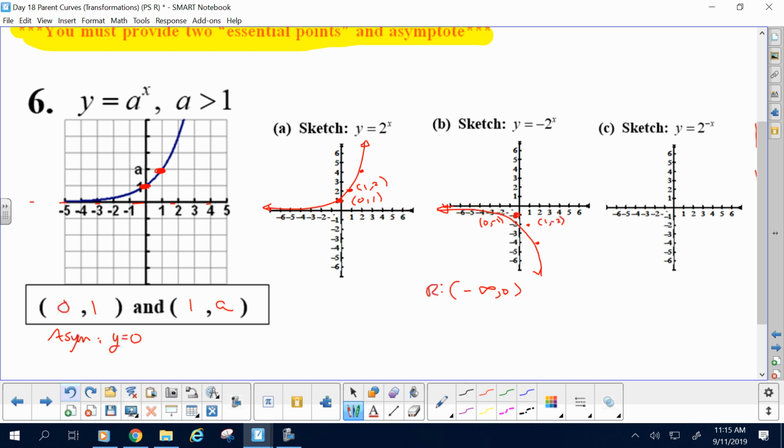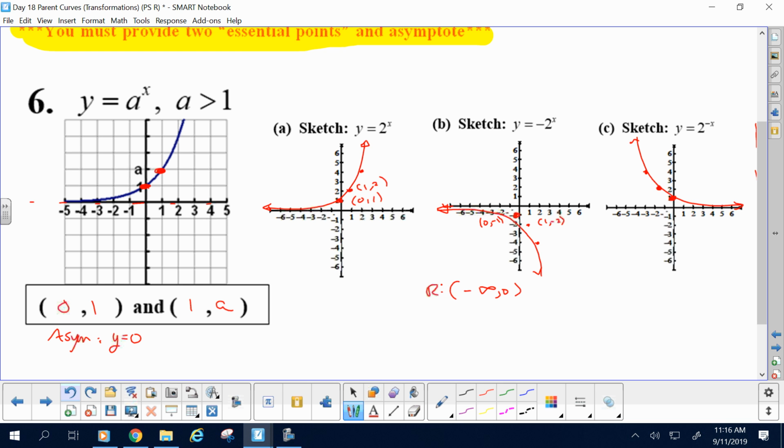Where's across the axis? 0, 1. All right. We say it's reflecting this way, right? So shouldn't there be a point at negative 1, 2? And that makes sense. 2 to the negative 1 is just 2 to the 1. And so it feels like it's been reflected and it's growing on the left and decaying on the right.